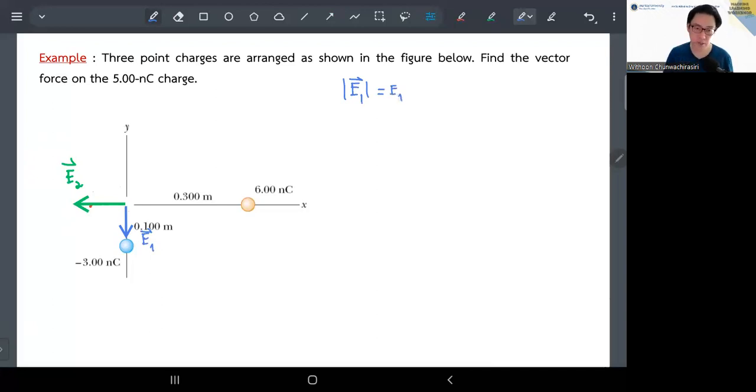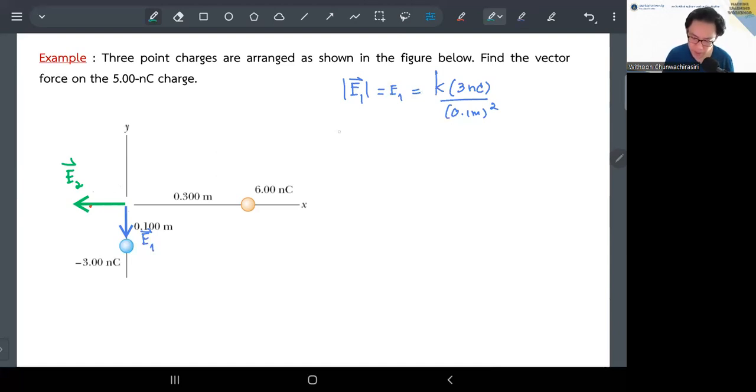You can write the arrowhead on top with the absolute sign, or you can just drop that arrowhead and say E1. They both mean the magnitude of the E1 vector. From this, you do k times the charge generating the field, 3 nanocoulomb, divided by the distance from the charge to the location of the calculation, 0.1 meters, squared. Got that? That's the field.